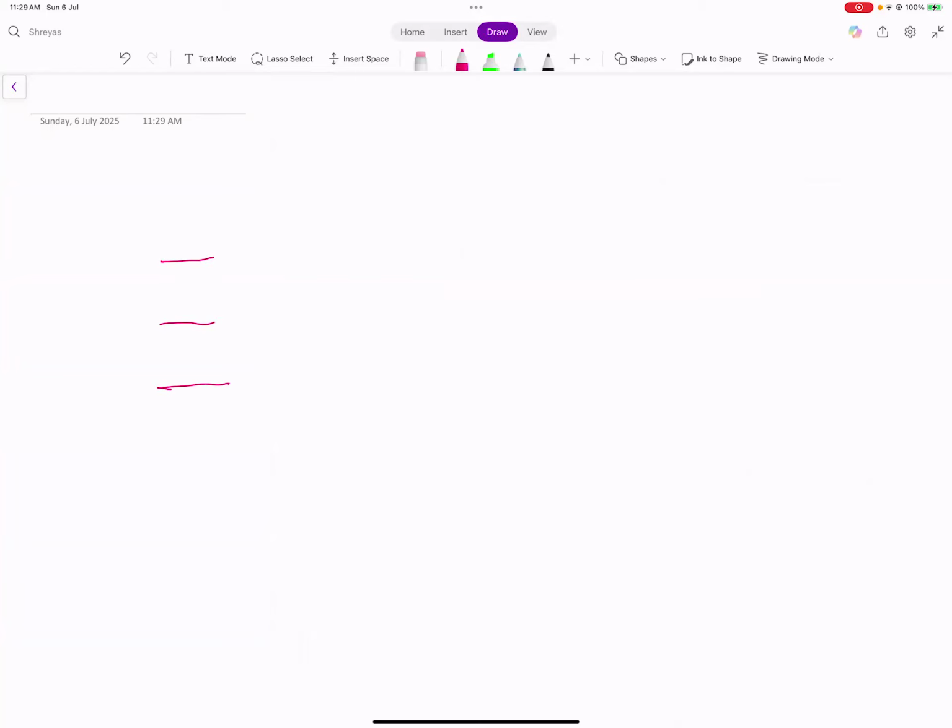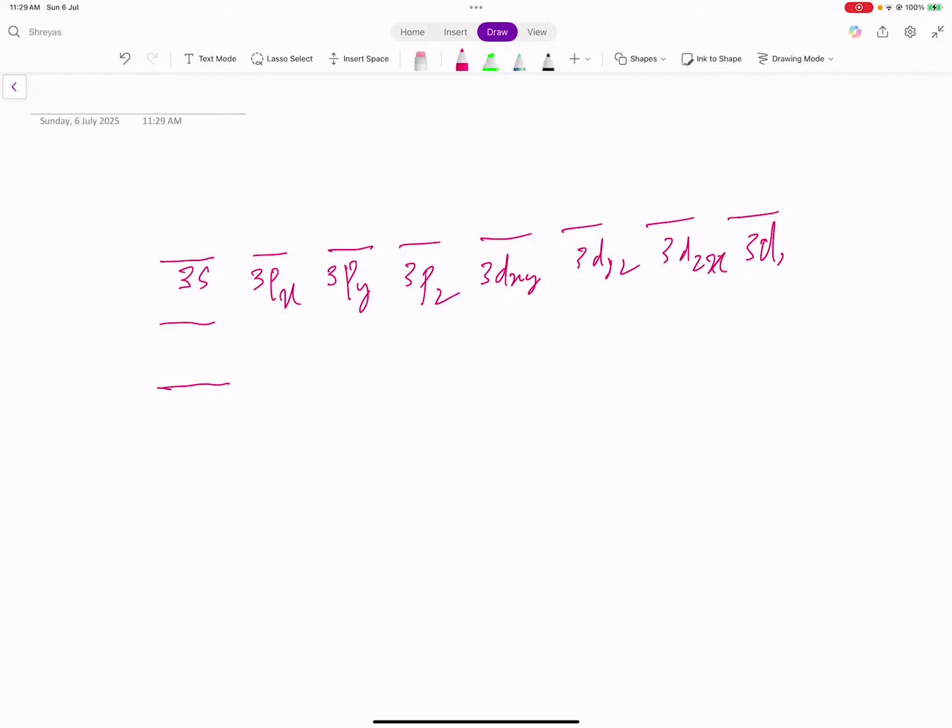N is 3. So in n equal to 3, I can have 3s, 3p, and 3d orbitals. I'll write this as 3px, 3py, 3pz, 3dxy, 3dyz, 3dzx, 3dx square minus y square, and 3dz square.